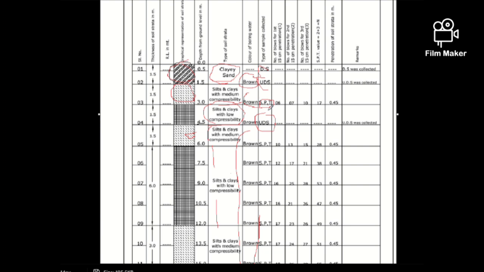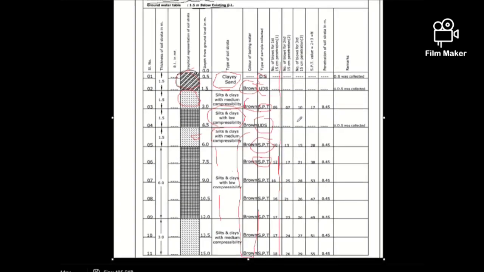So we will conduct the SPT in this portion. In SPT, the split barrel collects the sample. Here the first 150 mm blows value, the N value, will not be counted.